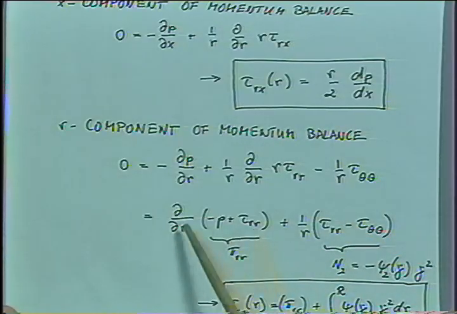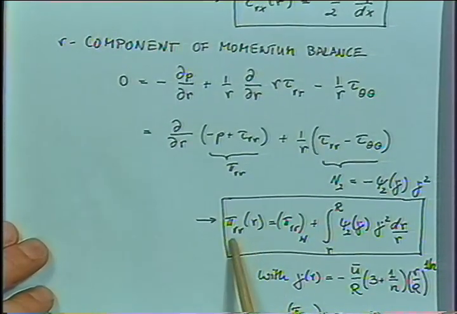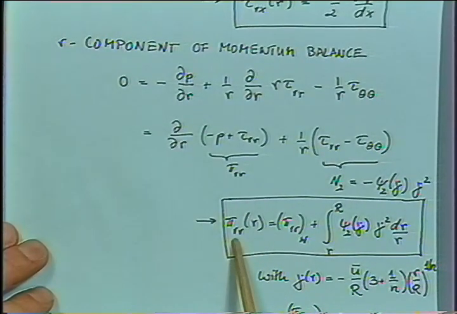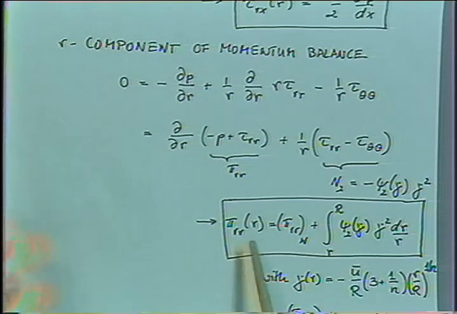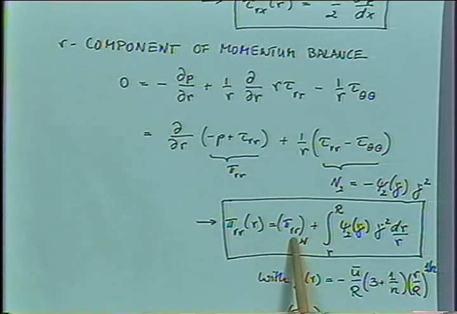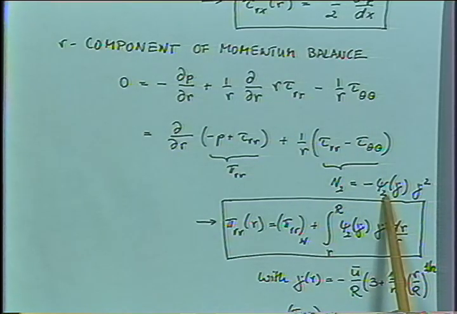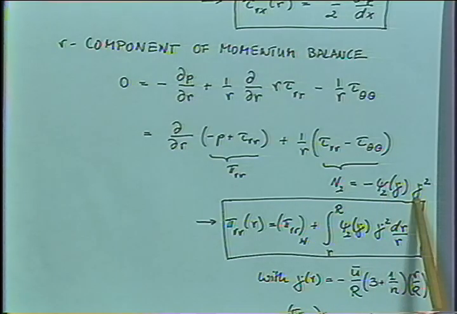Now you can integrate this function, and you will find that the difference between the radial normal stress, pi r, at the wall and at some radial position is just given by the integral of this function. And this function can now be expressed in terms of our second material function, psi 2. We are assuming that we know that material function in steady shear flow, multiplied with the shear rate square.